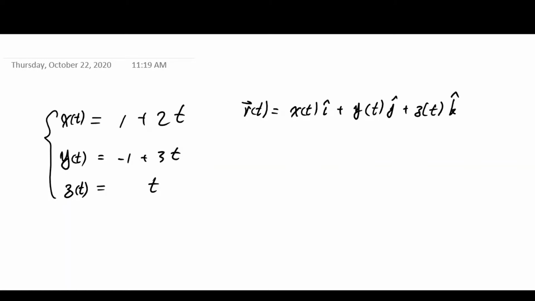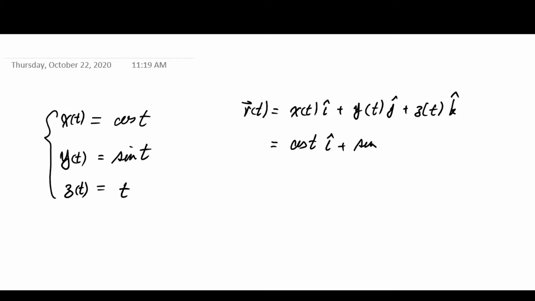And then instead of putting this thing in, if I put cosine t here and sine t here, and then keep this thing as t, do you feel this? What does this thing look like? Or I can write it, think about it. Cosine t i vector plus sine t j vector plus t k vector.